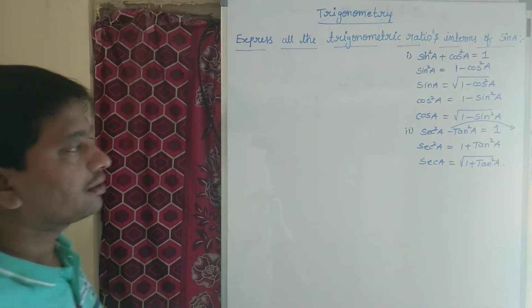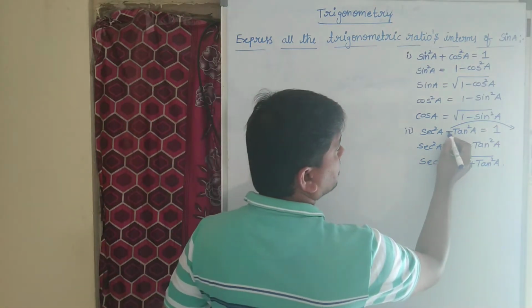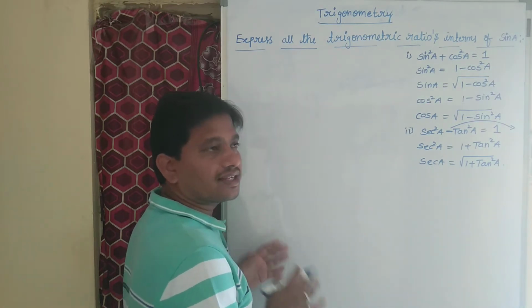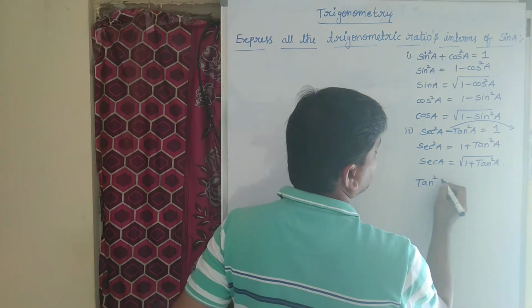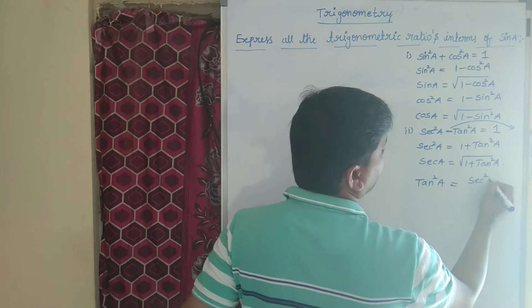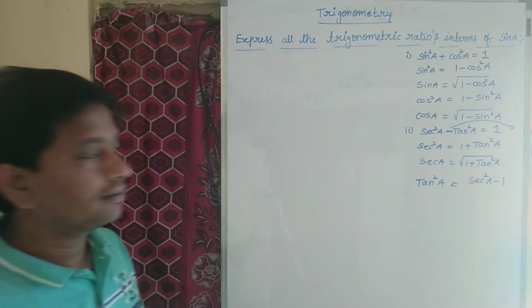Now coming to tan, students listen carefully. Actually here we have minus tan square A, right? So if you want positive tan square A, minus tan square A if you transpose that side, it will become plus tan square A, and plus 1 if you transpose this side, it will become sec square A minus 1. So here you have to be careful.